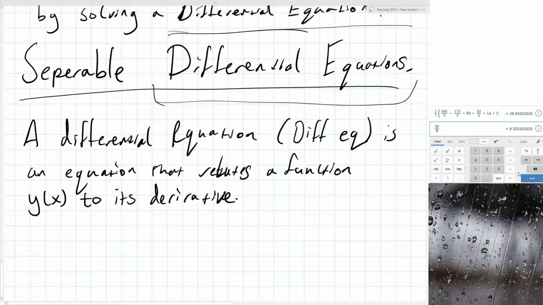In other words, basically the idea is that you have a function and you give it some relationship to its derivative, and then if you solve that differential equation, it tells you what functions have that relationship.